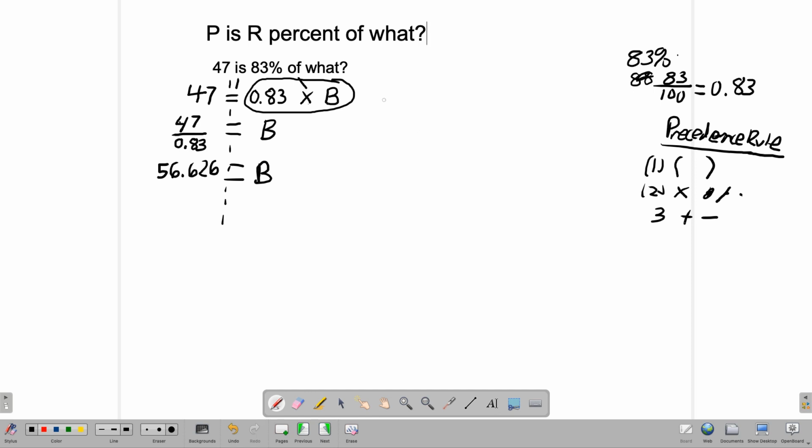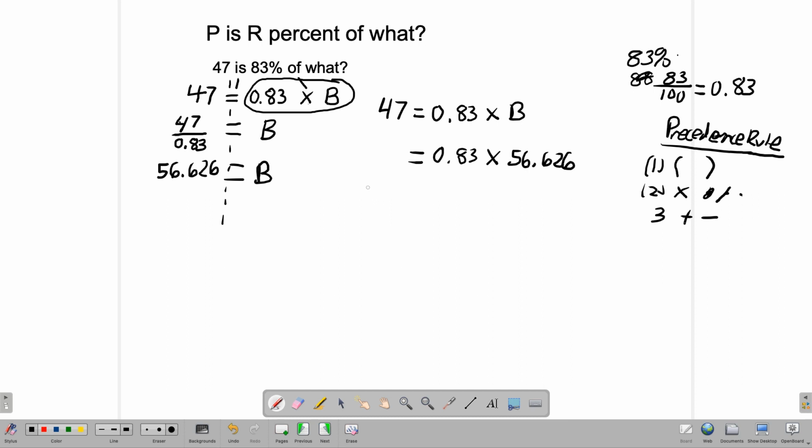We already said that we had the form where it was 47 equals 0.83 times b. What if we just said we want to see if we multiply 0.83 times 56.626, will it produce the value 47 or some value close to 47?